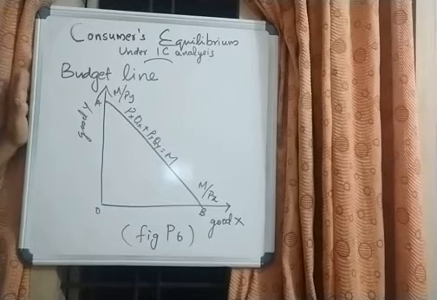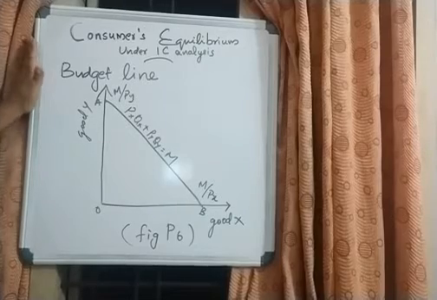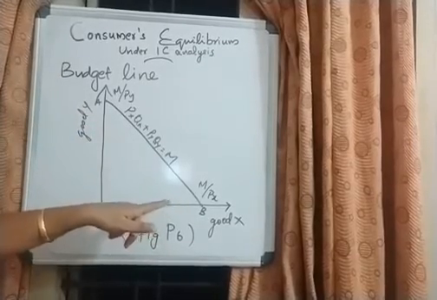This is the graphical representation of a budget line. In this diagram, AB is the budget line.